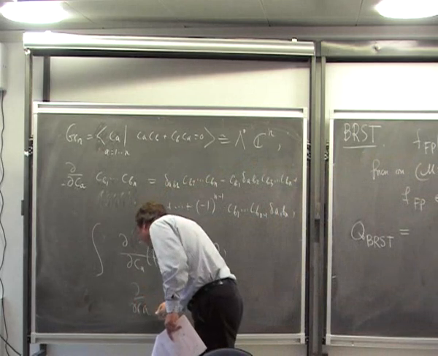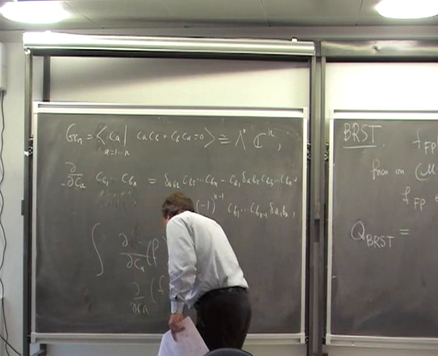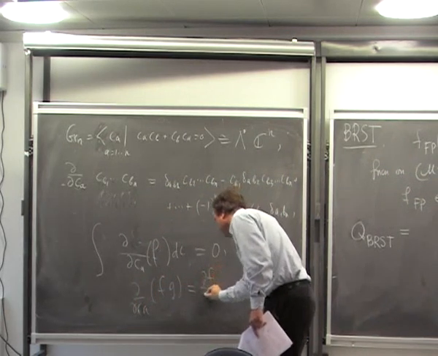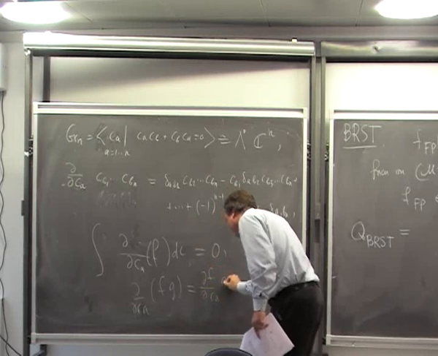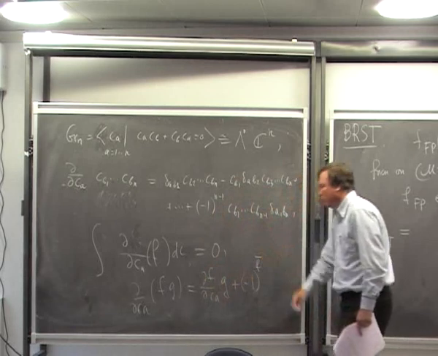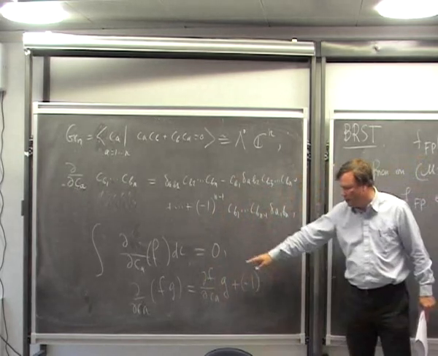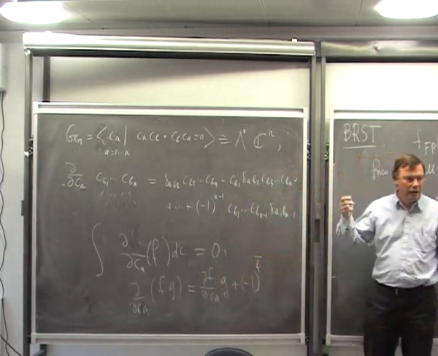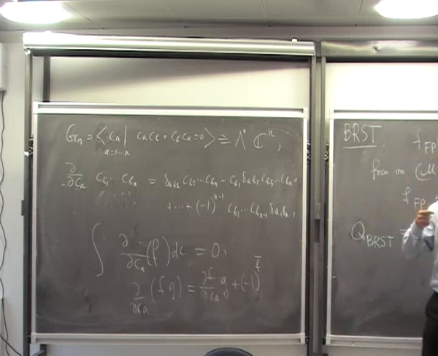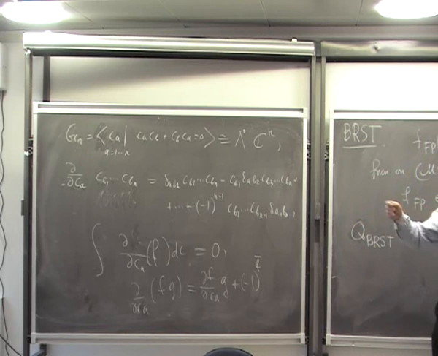But the Leibniz rule is the super Leibniz rule. So now d(fg)/dC_A is df/dC_A g plus minus 1 to the parity of f times f dg/dC_A. And the assumption here is that f has a certain parity. Parity is 0 if it's a polynomial in C only with even degree monomials.